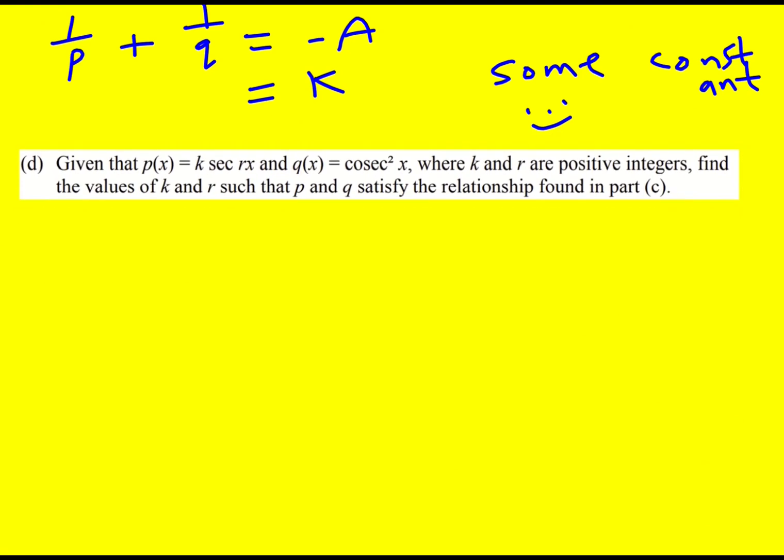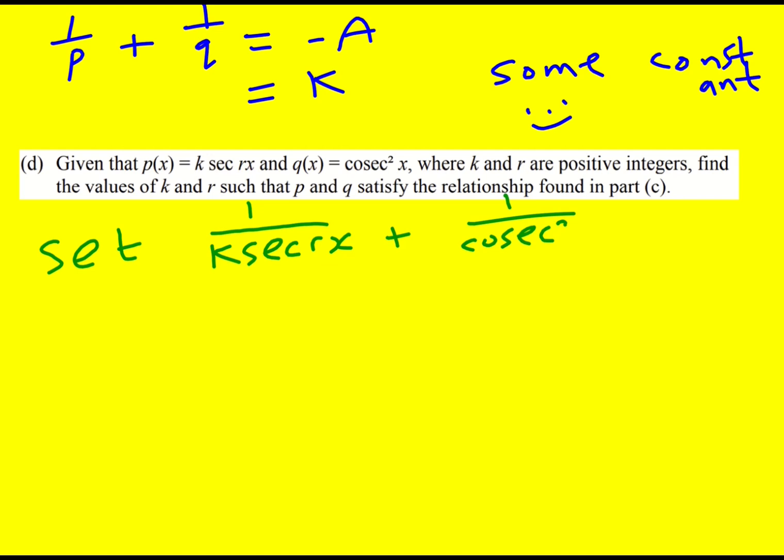So let's substitute in. So set 1 over k sec rx plus 1 over cosec squared x equal to a constant.